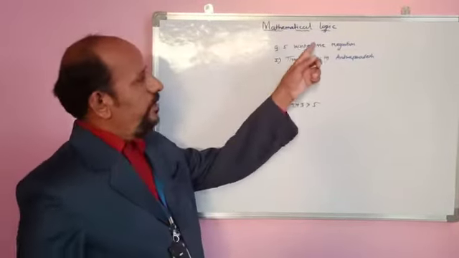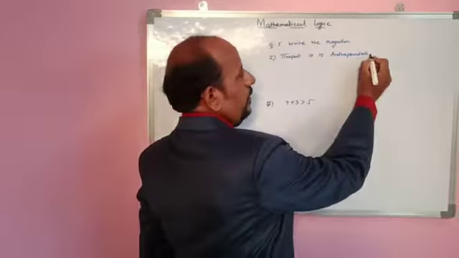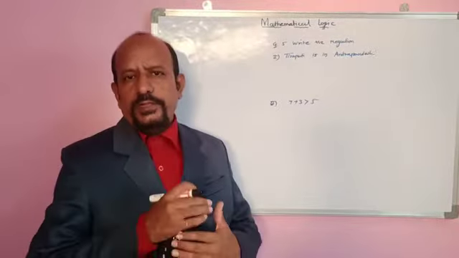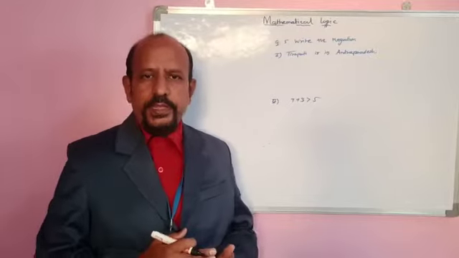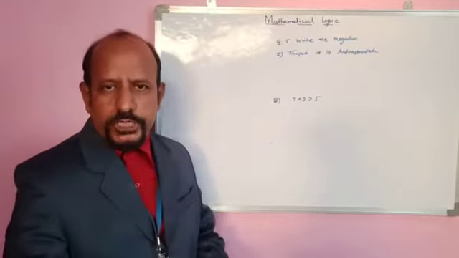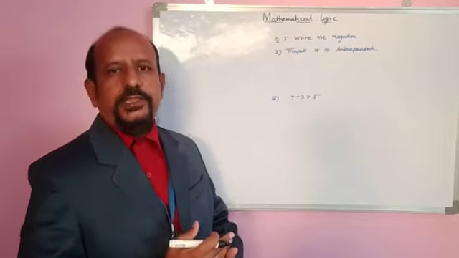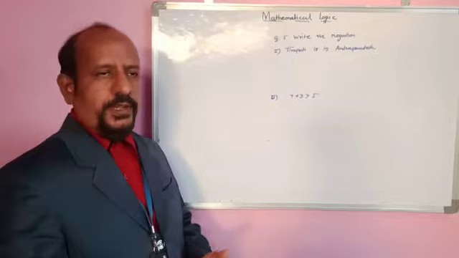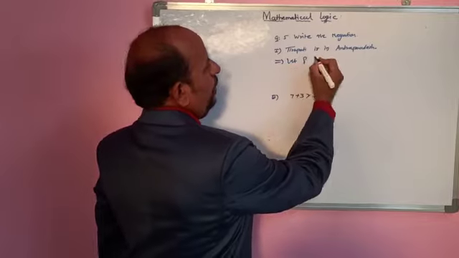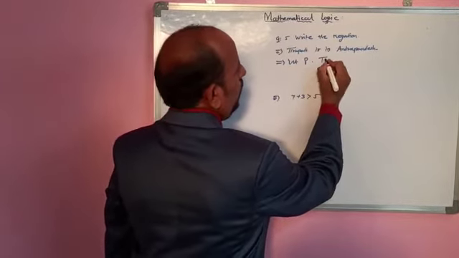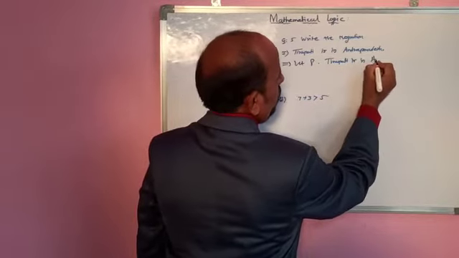Last question is to write the negations. First, given that Tirupati is in Andhra Pradesh. We have to write the negation. We know the definition of negation: if we write 'it is false that' before the given statement, or if we write 'not' at the appropriate place in the given statement, then we get the negation of the given statement. In symbolic form, let P be the statement: Tirupati is in Andhra Pradesh.